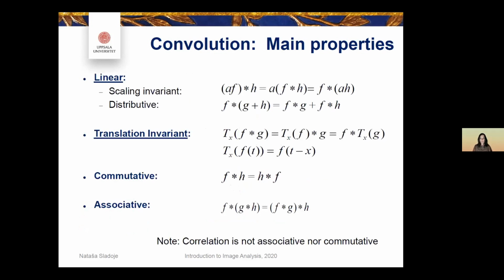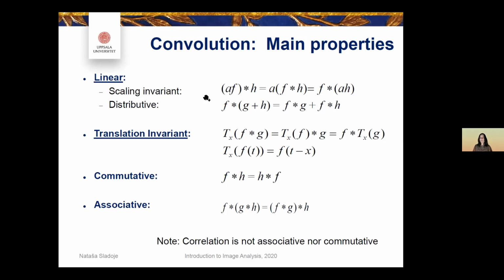Some more properties of convolution. So convolution is linear, and that is its important property. It is scaling invariant. That means that convolution essentially commutes with multiplication by a scalar.